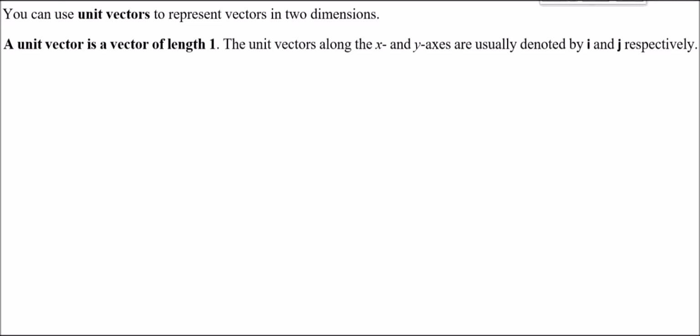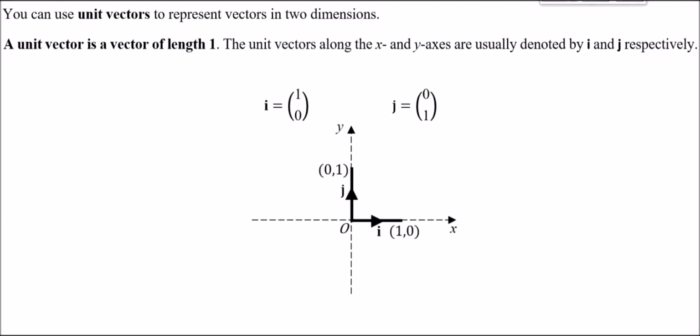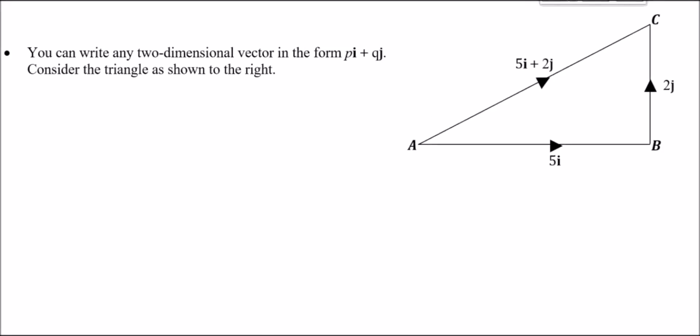So this diagram will illustrate this. As you can see, i is 1 unit to the right, no units up or down, whereas j is no units to the left or right, but is just 1 unit, and only 1 unit precisely, going upwards. So we can consider any 2-dimensional vector in the form pi plus qj.